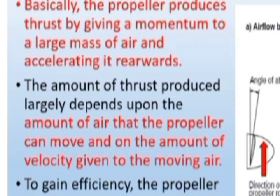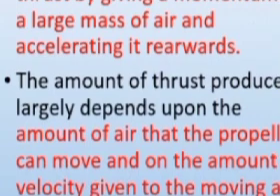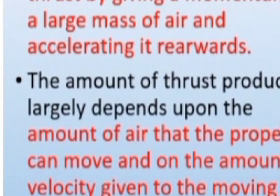In forward acceleration, that's where Newton's third law also comes into motion: to every action, there is an equal and opposite reaction. The equal and opposite reaction comes into play when that large amount of air is accelerated rearwards.